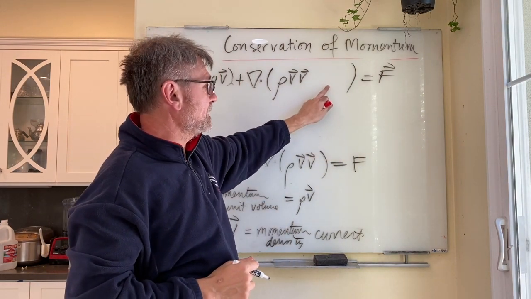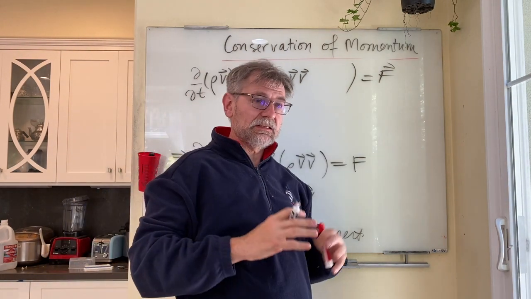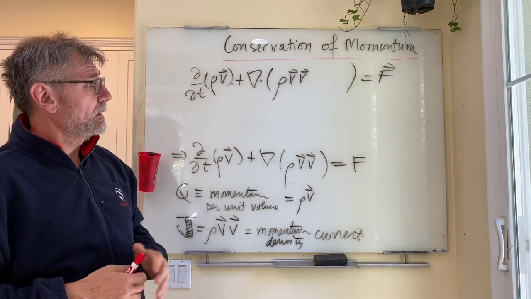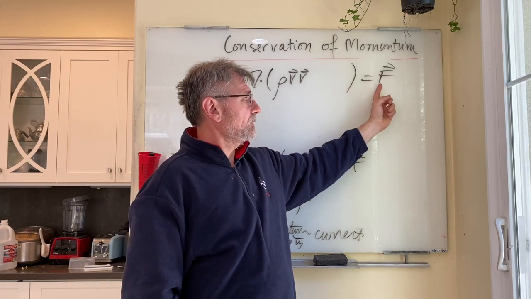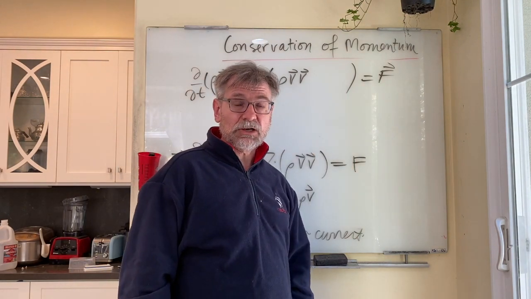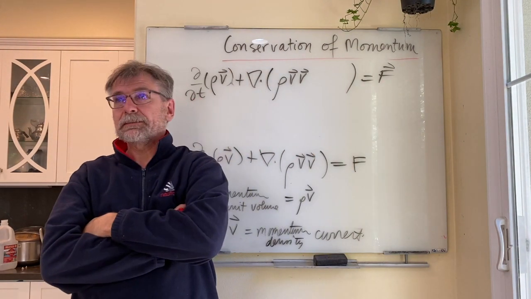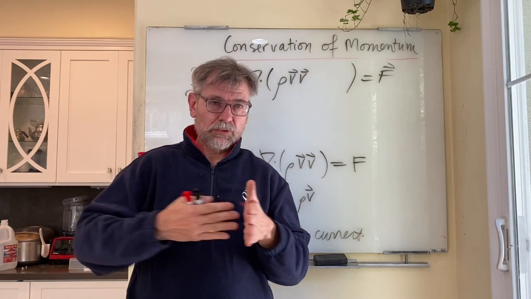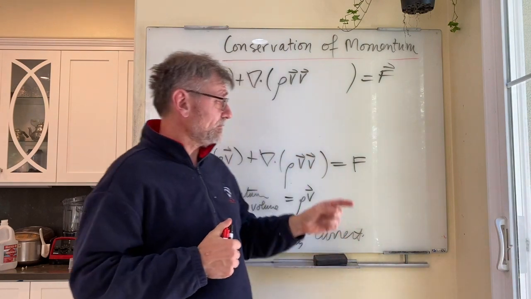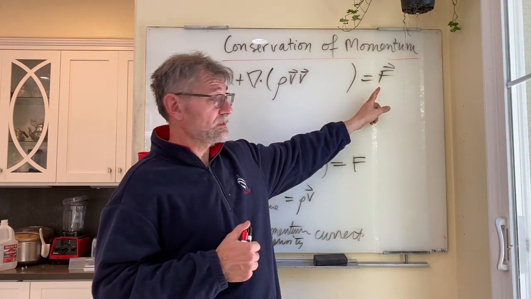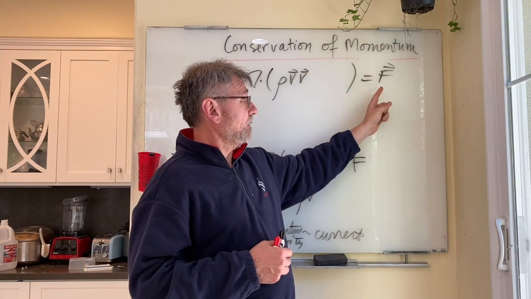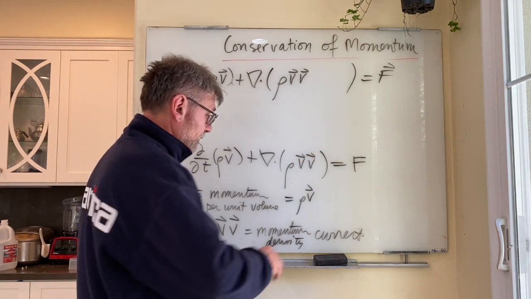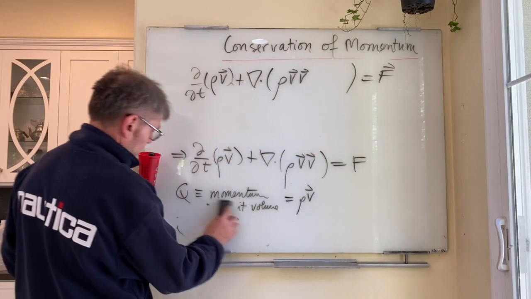Whether we put them inside or on the outside is totally subjective. There's no objective way to decide. But one force in particular that we might want to put inside is the pressure force. The pressure force is a normal stress, the force perpendicular to the surface. And that particular force, which is gradient P, can be rewritten and put inside this term. Sometimes people do that, and so I want to put it that way.